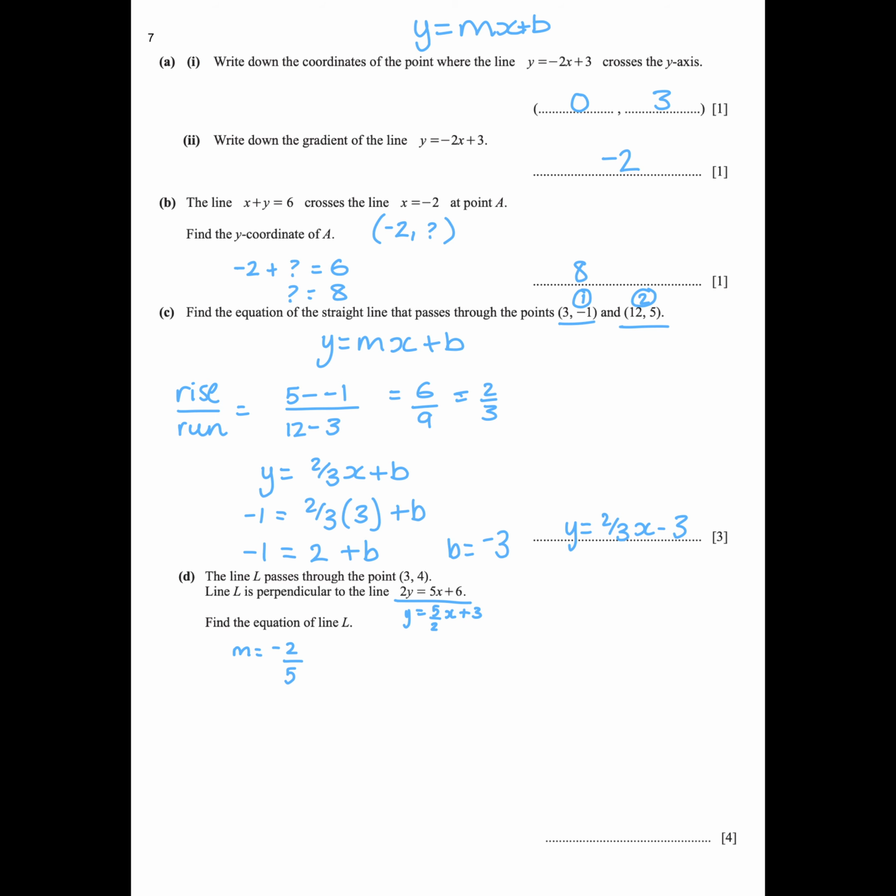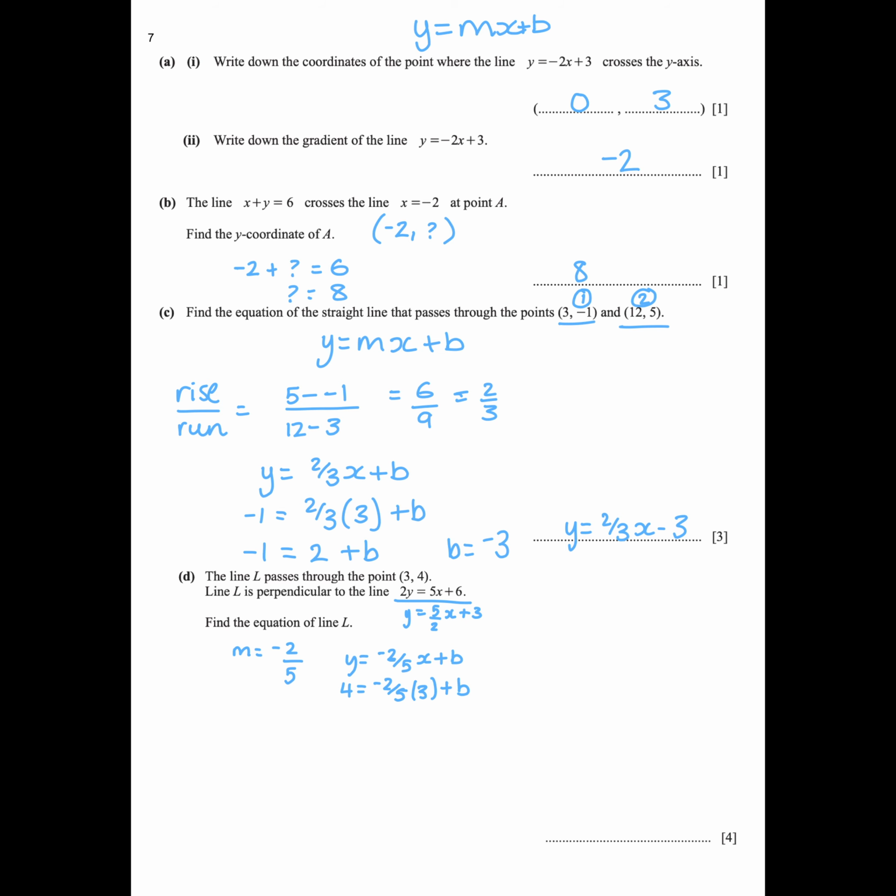And that tells us that we have y is equal to minus 2/5 x plus b. Similar to the question above, we're going to substitute this point into my x and my y value to help us find b. So y is 4 and x is 3. I could just type that straight into my GDC and do n-solve.